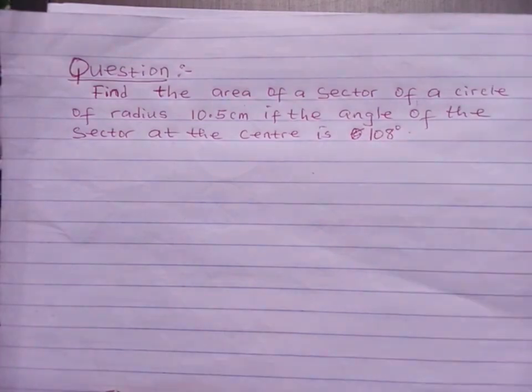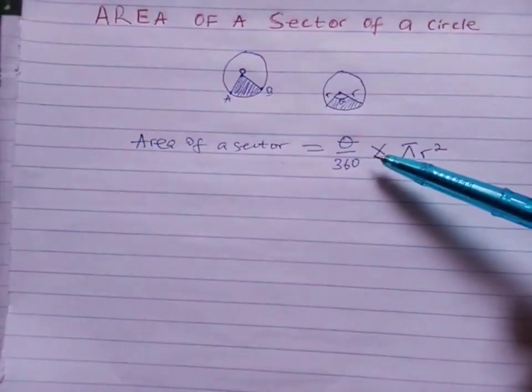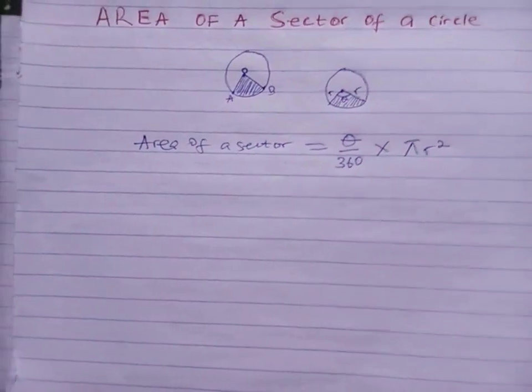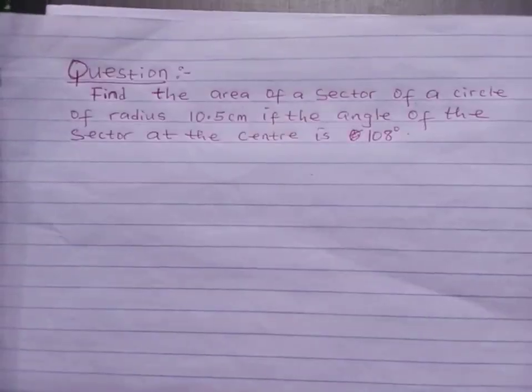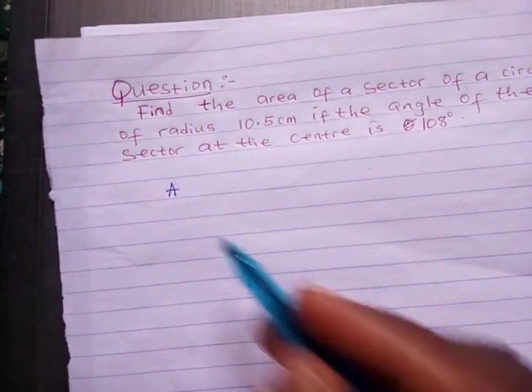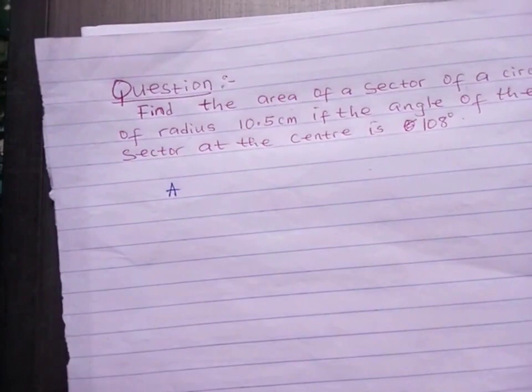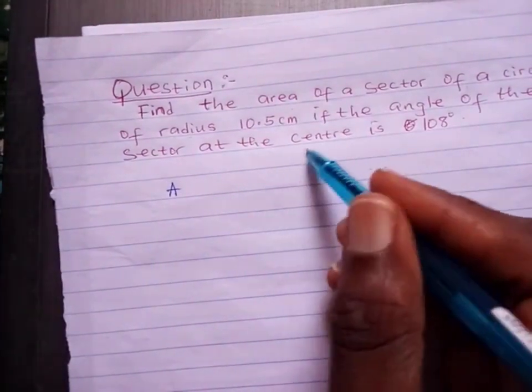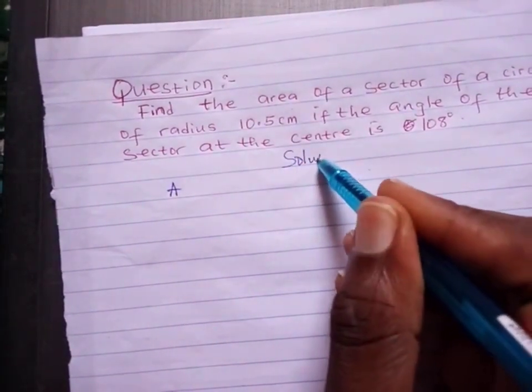So all you need to do is to apply this very formula. Once we apply the formula, we can easily find the area. Now the area, all right, let's just first of all draw the sketch of this very problem.